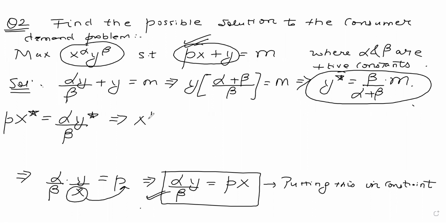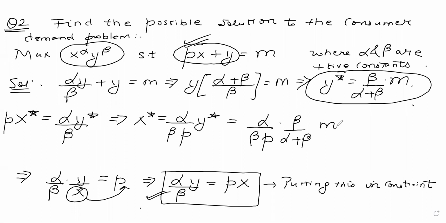This implies my x star is nothing but alpha by beta p times y star. Now, what is y star? You can plug in the value. So, alpha by beta p times the value of y star, which is beta upon alpha plus beta m. Beta beta cancels. I get alpha m upon alpha plus beta times p. This is my optimum value of x star.